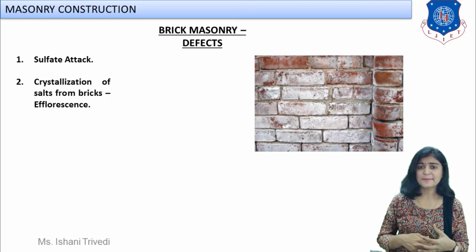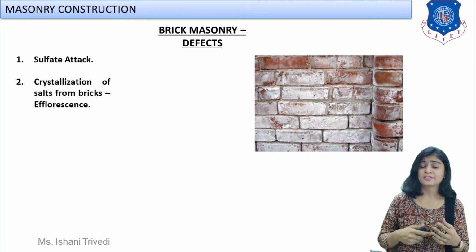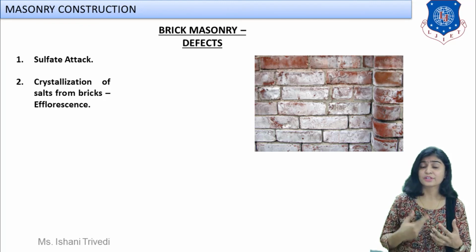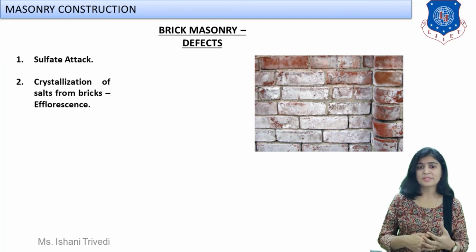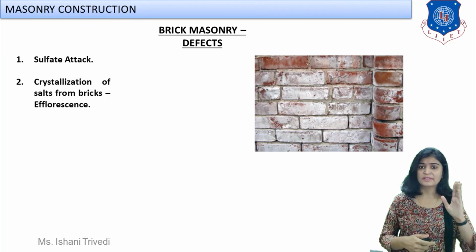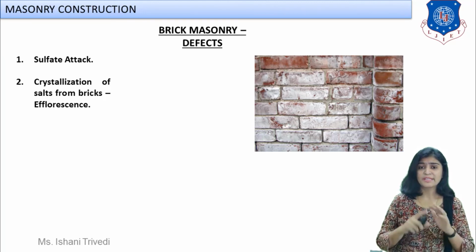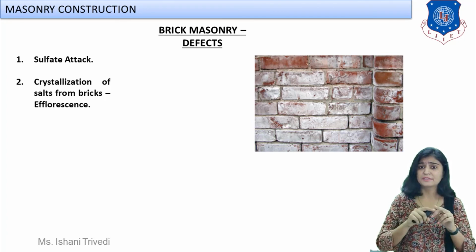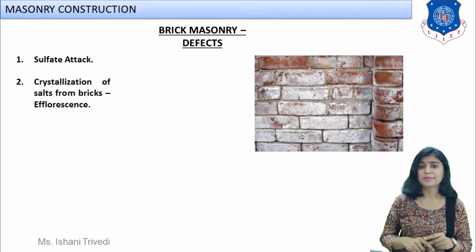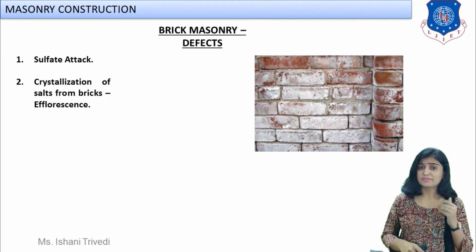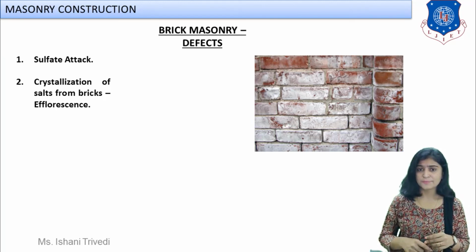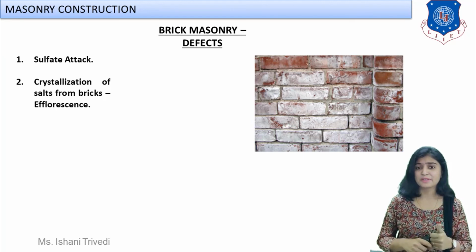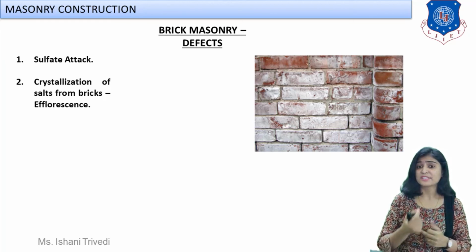Next, second, I am discussing the crystallization of salt on the surface, commonly termed as efflorescence. Now look at the image flashing over here. What can you see? We can see white patches, white spots on the surface of the brick. Can you see that? I think you would have seen this in your day-to-day life also. This is an example of the salts which are present inside the bricks, right?